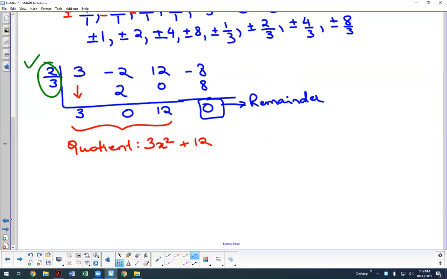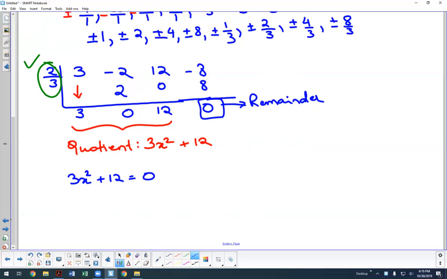So again, second degree polynomial, 3x squared plus 12, how can we find our zeros here? What strategy would you use? You can start by factoring out a 3.